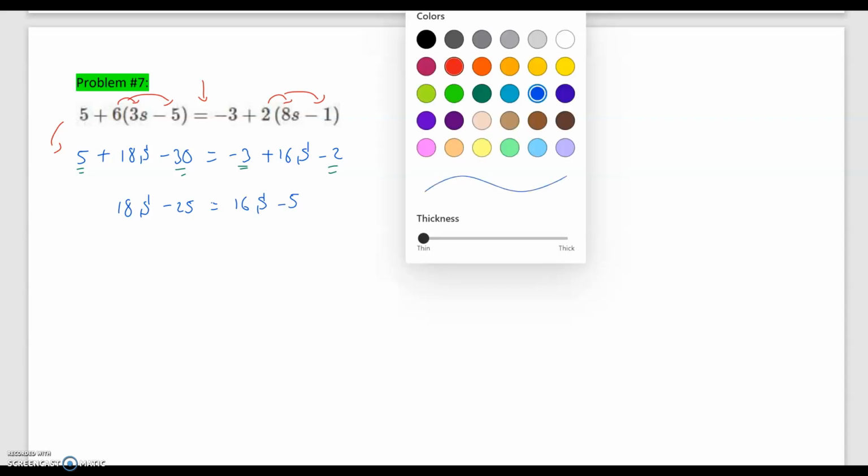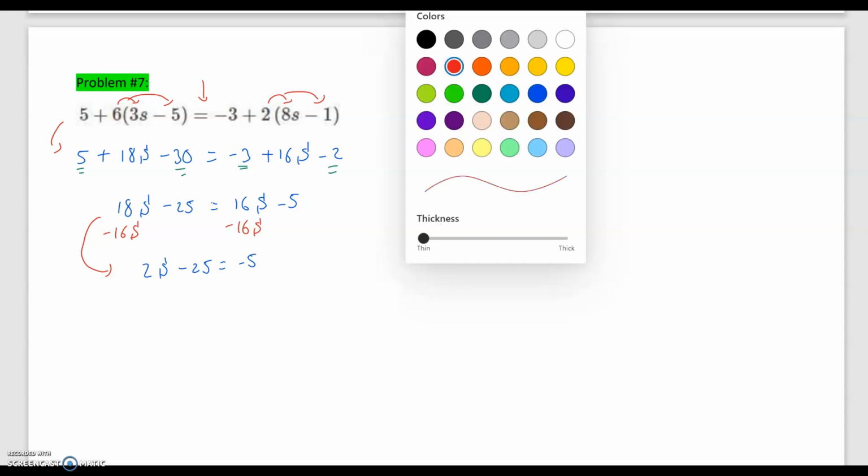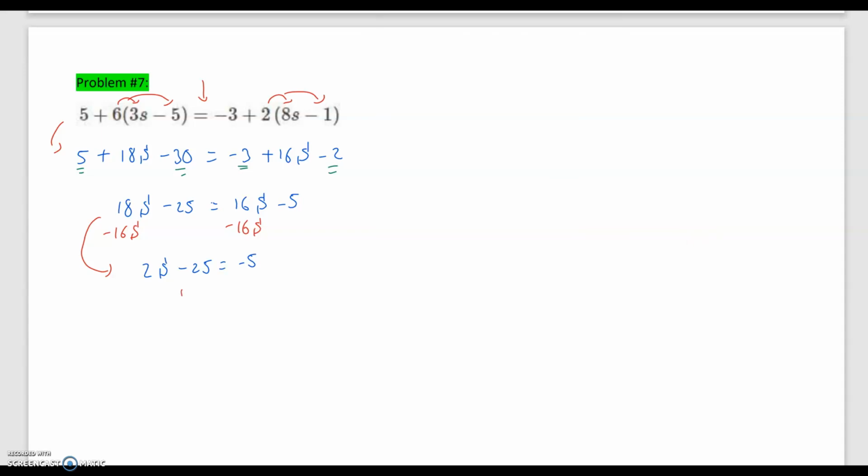And let me put the variables on one side. Let's put them on the left. So subtract 16s and subtract 16s. This will give us a total of 2s minus 25 is equal to negative 5. And then let's add the 25.